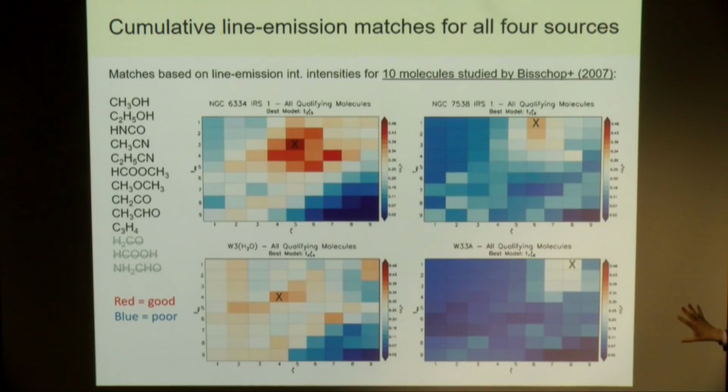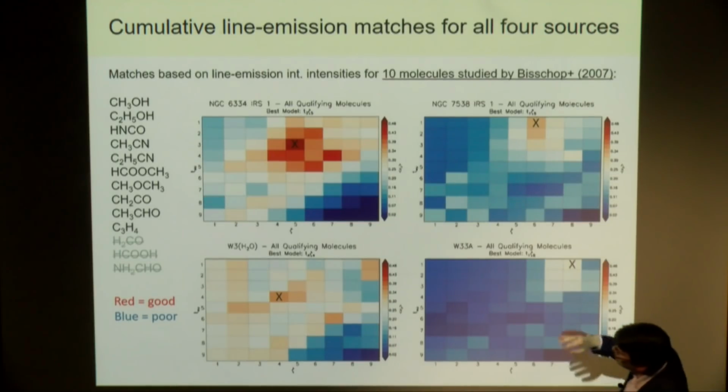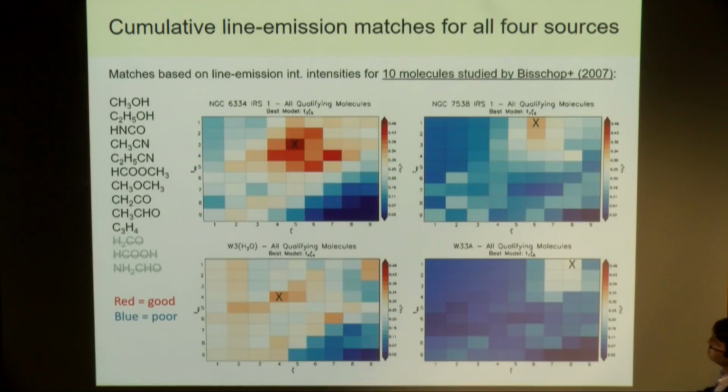So if you look at the redder, the hotter parts of these diagrams, they're showing you the model that best fits the observations based on the integrated intensities of all the lines of all these molecules. We had to throw a few out because we knew from the beginning that their chemical behavior was not really going to match the observations in any way.